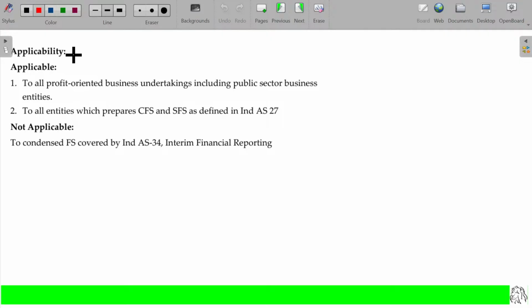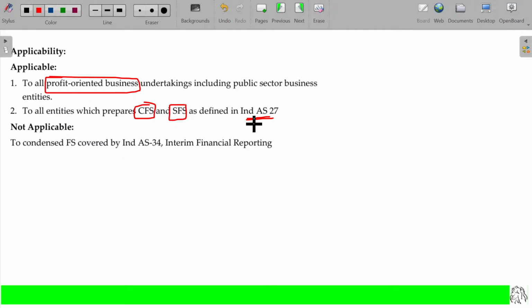Now, this Ind AS number 1, presentation of financial statements, is applicable for profit-oriented businesses, including public sector business entities. And apart from that, any entities preparing CFS and SFS as defined in Ind AS number 27: CFS, consolidated financial statements, as well as separate financial statements.